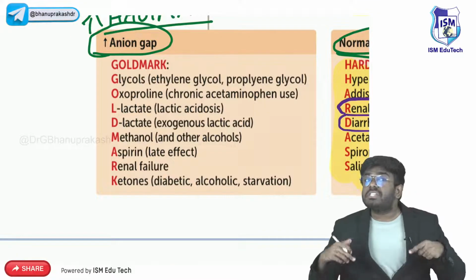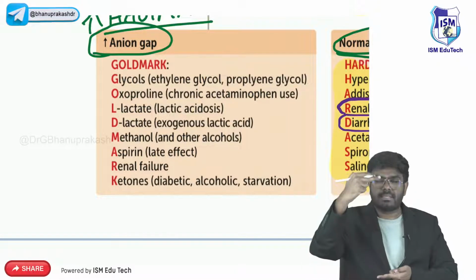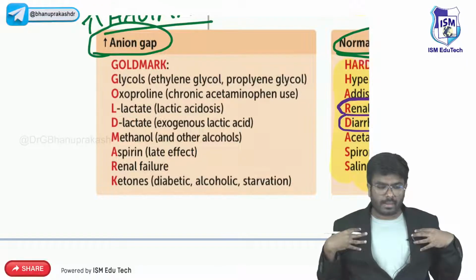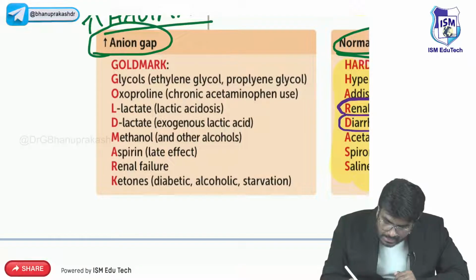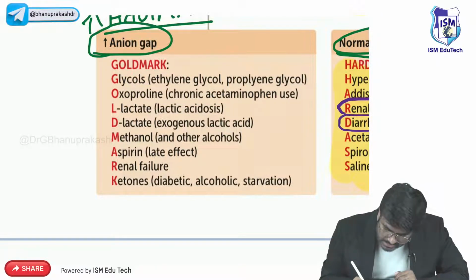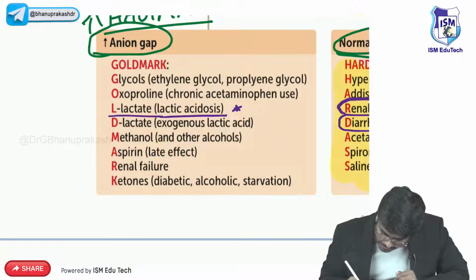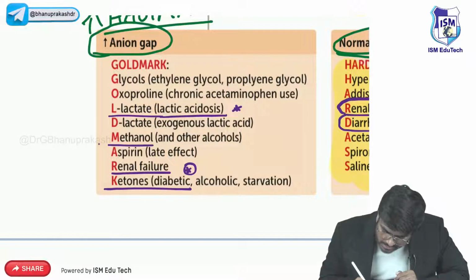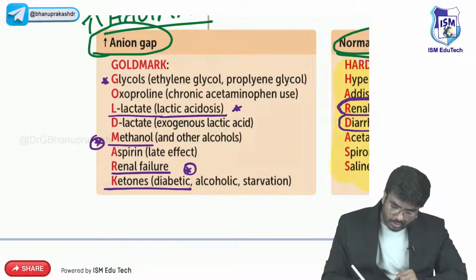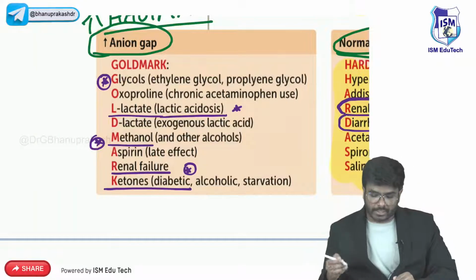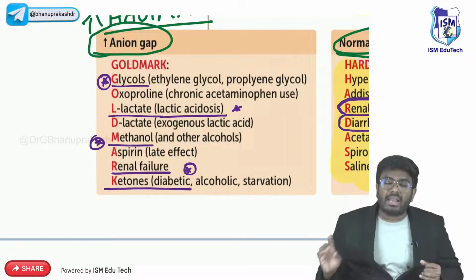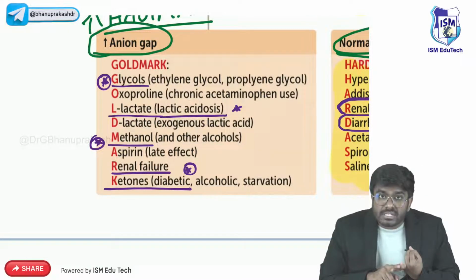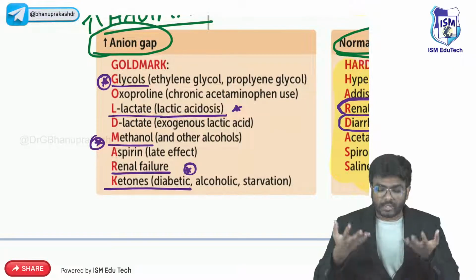But in which conditions does the anion gap increase? The patient is suffering with acidosis, and not only that, the anion gap is also increased. Which conditions? At least I want you to know lactic acidosis or diabetic ketoacidosis, renal failure, methanol poisoning, and glycols like ethylene glycol and polypropylene glycol, which the patient consumes mistakenly or accidentally.